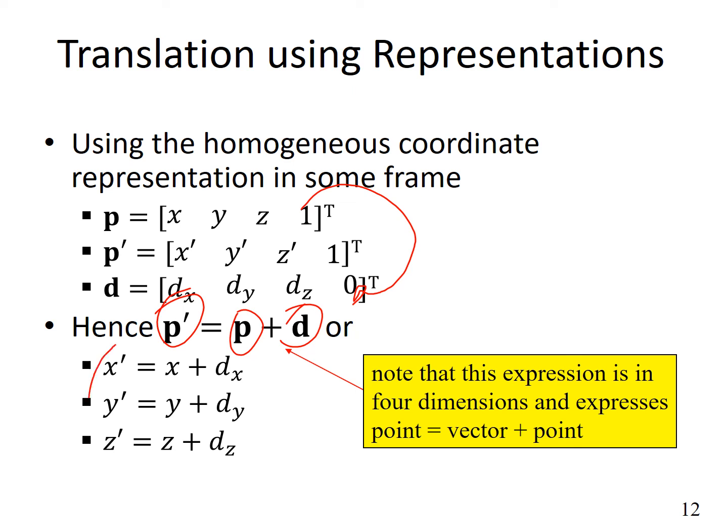And the specific x dash, y dash, z dash values can be calculated as x dash is equal to x plus dx, which is the x component of the displacement vector, and the same goes for y and z. These are the y and z components of the displacement vector.